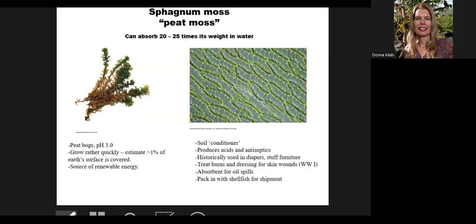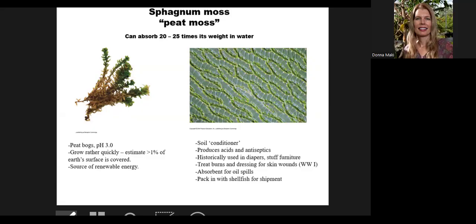It was very successful. From what I read, some nurses discovered this because they had learned in their family that this was a totally legit way to deal with wounds and keep them from getting infected. Native Americans would pack the diaper with sphagnum peat moss because it absorbs urine so well.